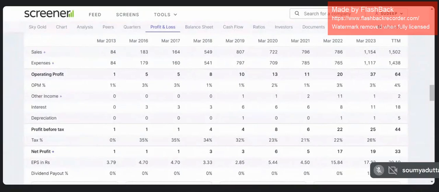Now 1,500 crore, so it has almost tripled in that sense, and your EPS is also going to triple. So it is going to be somewhere around 90, 100. At a P of 15, 20, you are looking at 1,500 to 2,000 kind of fair value. And your current price is 280, so why would you not buy it?